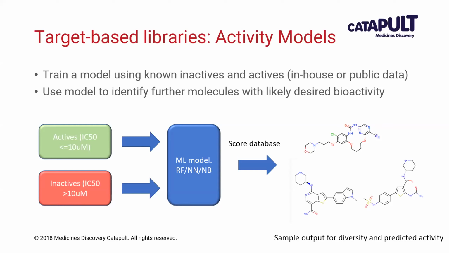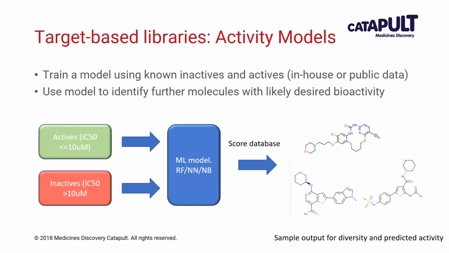So in this case, I built a model using the Pipeline Pilot naive Bayes machine learning approach, and it has predicted these molecules to be active against checkpoint kinase. That was the particular one I chose, and they are indeed active.